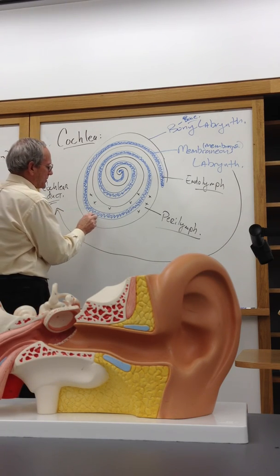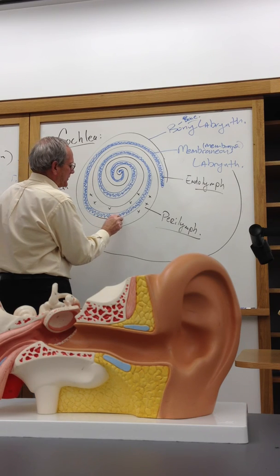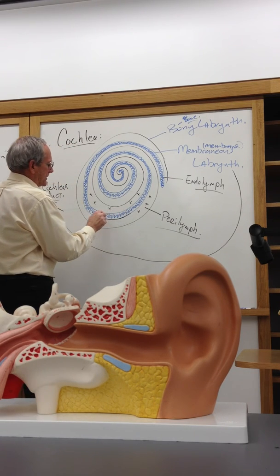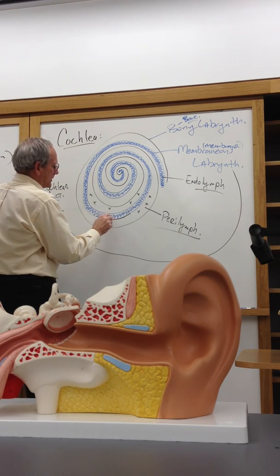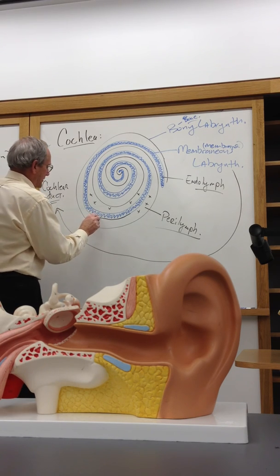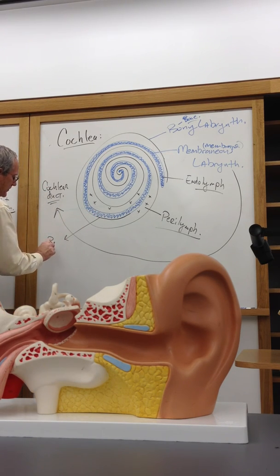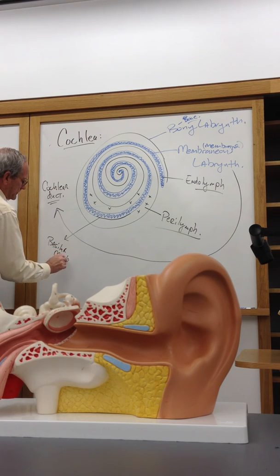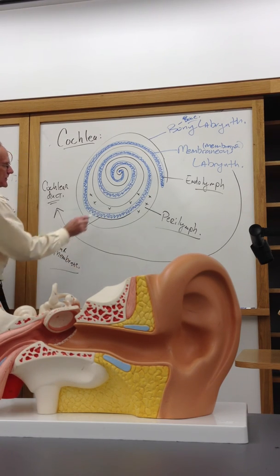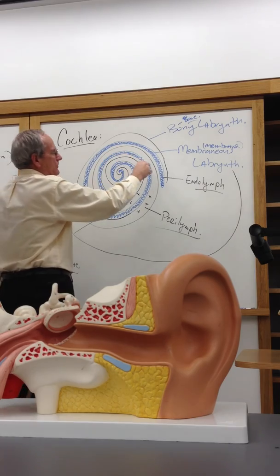In this part of the cochlear duct here, that runs underneath the endolymph, this is called the basilar membrane. So what's the cochlear duct again, and where is it found? The cochlear duct is the same thing as the membranous labyrinth.